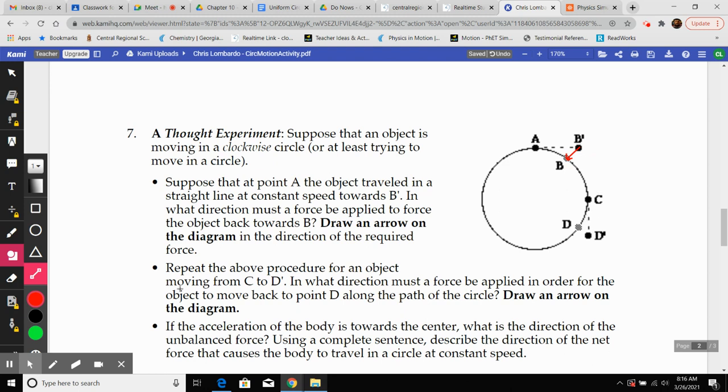And then the same thing for C to D prime, but it doesn't actually go to D prime, right? Even though the velocity, again, wants to go in a straight line, it's not doing that. And why? Because there's something causing it to change direction. What direction would it need to go? Again, inward, going towards the center.